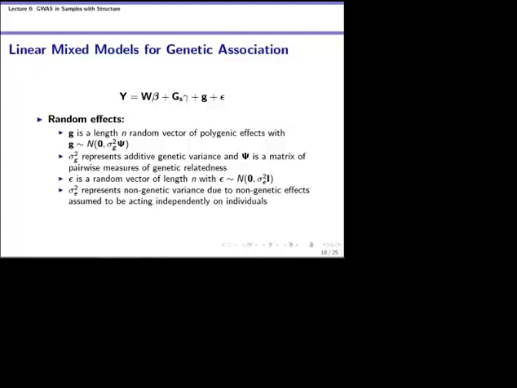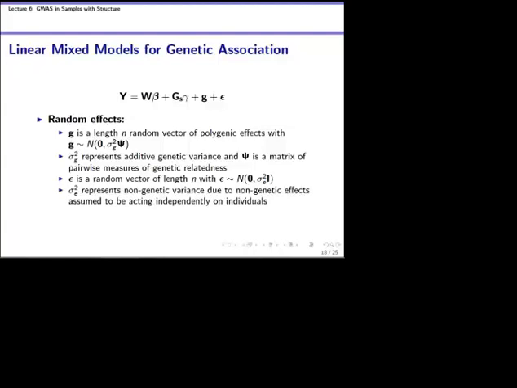We assume it follows a normal distribution with mean 0 and variance sigma squared G times some matrix, the genetic relationship matrix. This represents added genetic variants, and the matrix here is a matrix of pairwise genetic similarity. This is actually the same matrix that we perform our PCA on, but it's different than PCA.